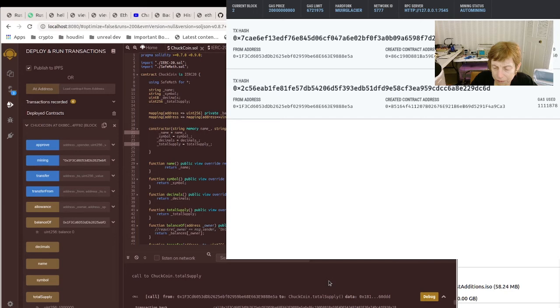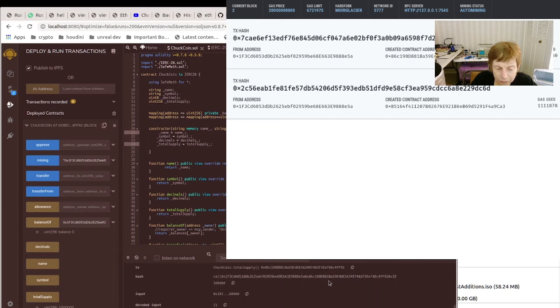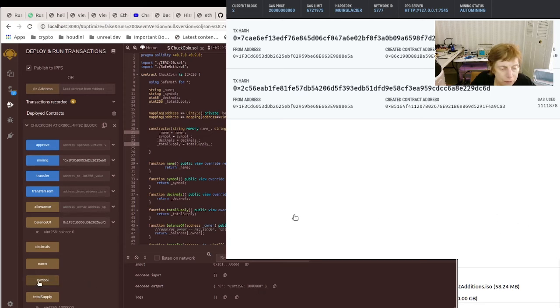And we can see the total supply, the coded output is 1,000,000. And the symbol comes out right. The name comes out right. The decimal comes out right.